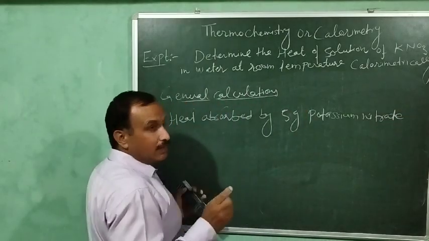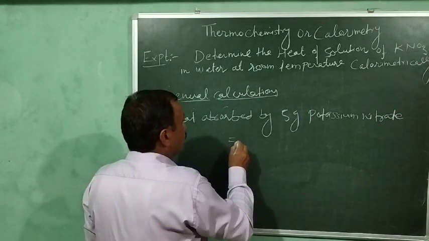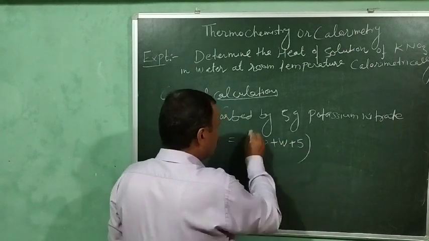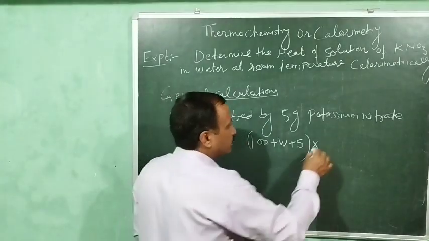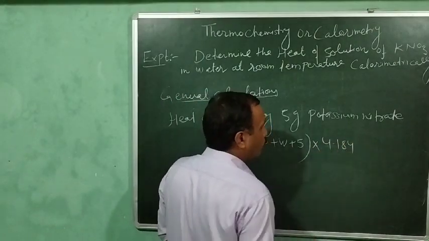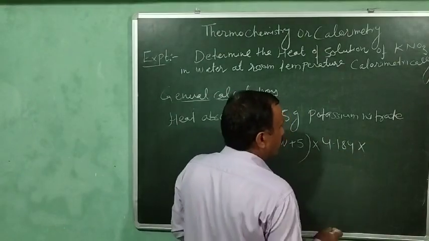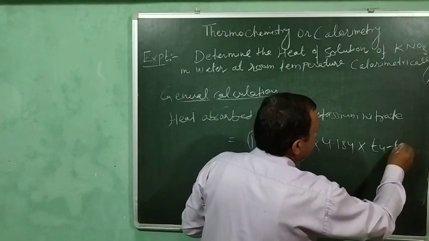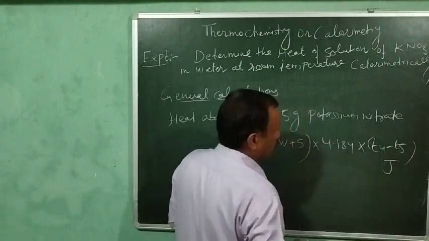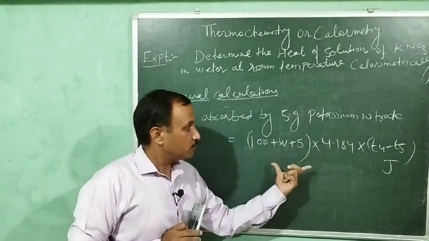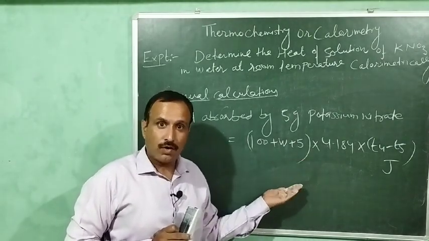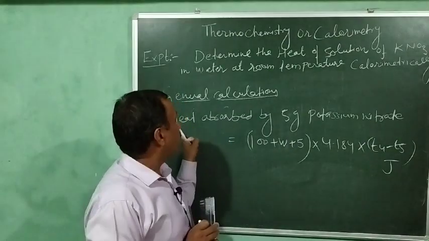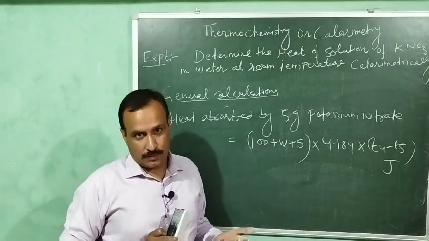Heat absorbed by 5 gram potassium nitrate will be equal to, that is mass 100 plus W plus 5 into specific heat, that is 4.184, into fall in temperature, that is T4 minus T5 joules. So this much heat will be lost by the cold water, calorimeter and 5 gram potassium nitrate, and this will be gained by the potassium nitrate for its dissolution.